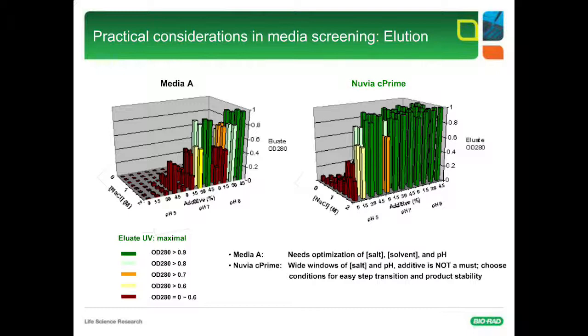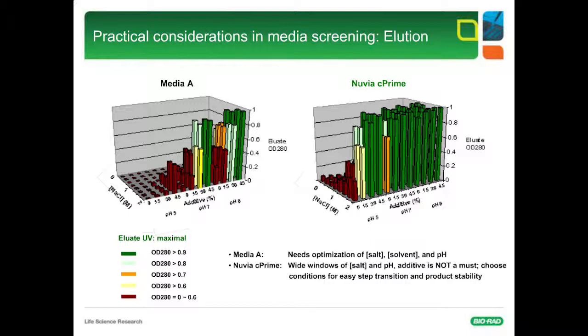You can also choose your elution pH, and the elution can take place without adding any additives. So this is really a benefit if you try to fit this chromatography step in the process. It gives you more options and makes the manipulation minimum between columns.